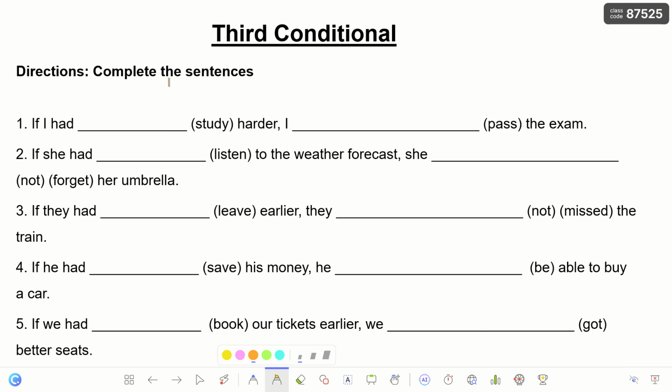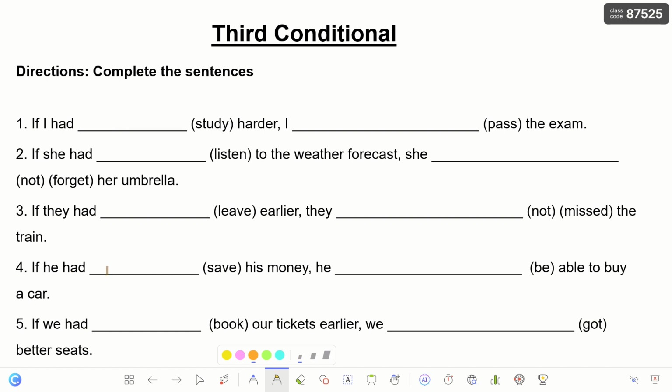Okay, يلا let's complete. If I had what? If I had studied harder, I would have passed the exam. If she had listened to the weather forecast, she wouldn't have forgotten her umbrella. If they had left earlier, they wouldn't have missed the train.